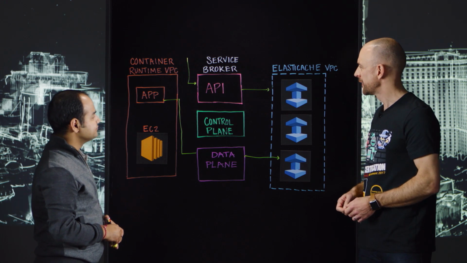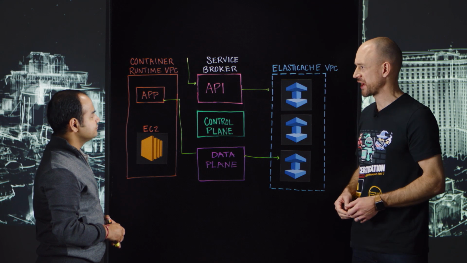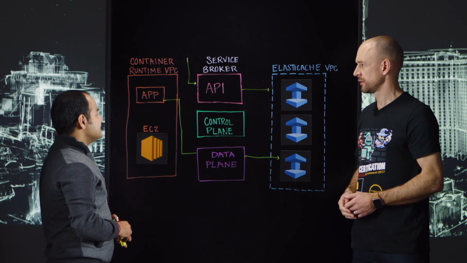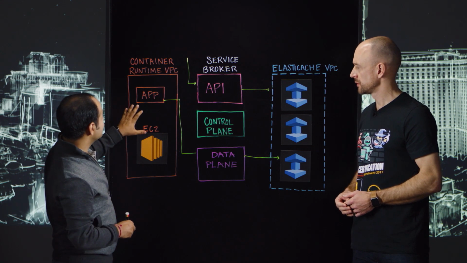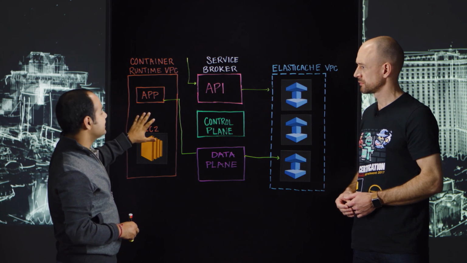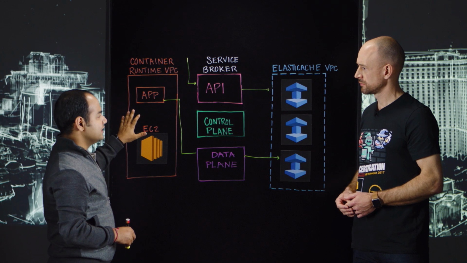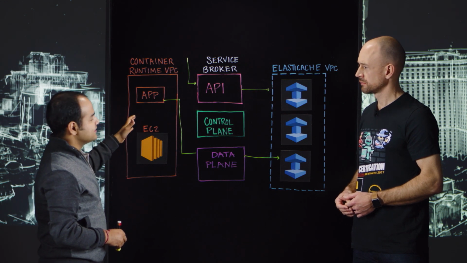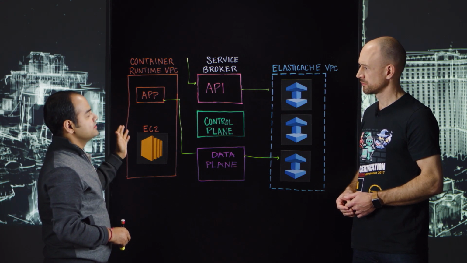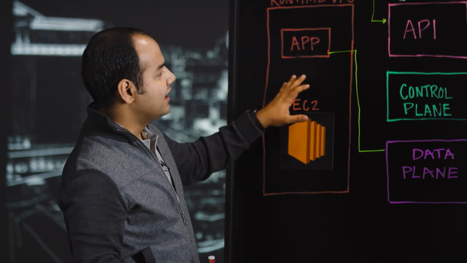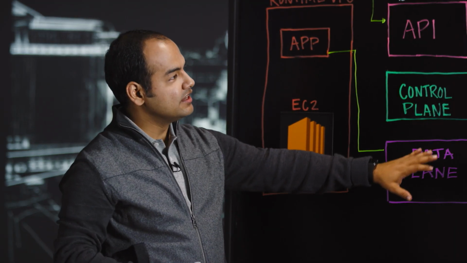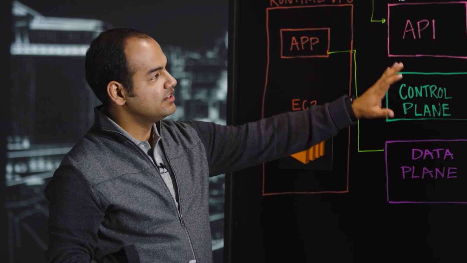Exactly. So as you were implementing this, what sort of challenges did you face? One of the key challenges we faced is that because of the container runtime environment, it is not certain where your app is going to run. So today it's on EC2 instance A, and then next hour it's going to be instance B. At the same time, it is not certain in which VPC.